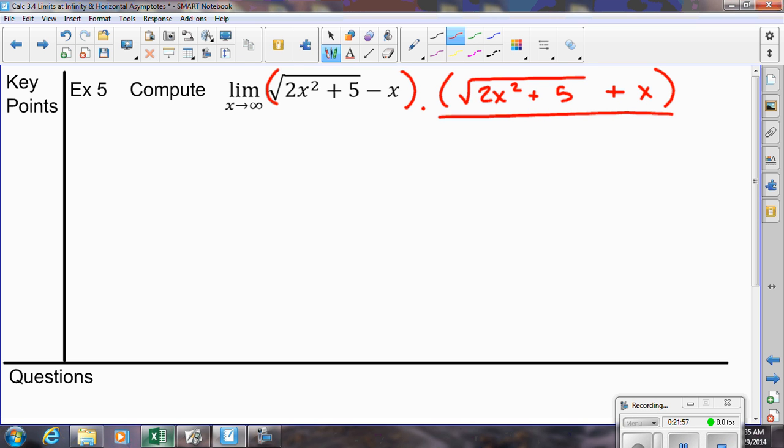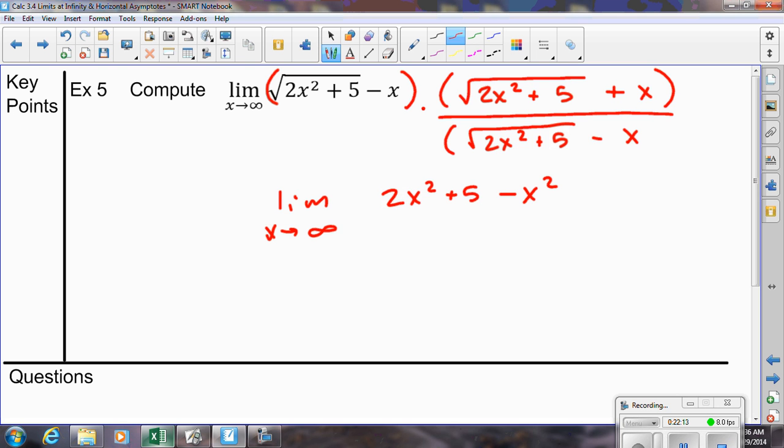If we multiplied by this conjugate, we would have had the limit as x approaches infinity of 2x squared plus 5 minus x squared, over this root plus x.